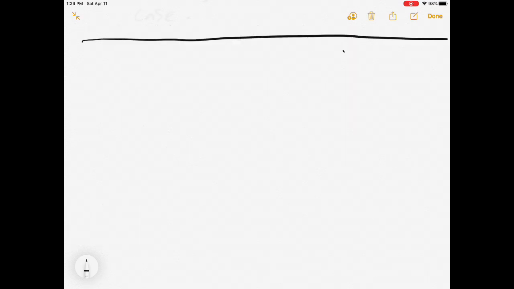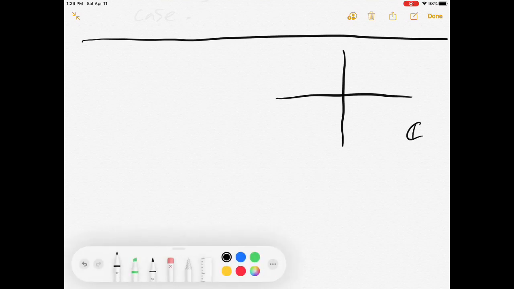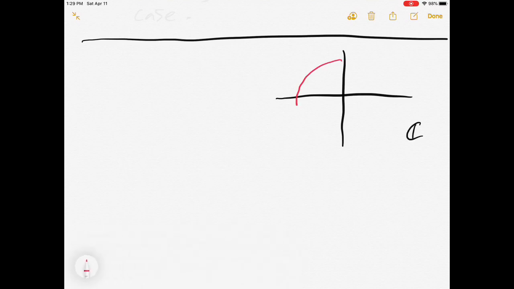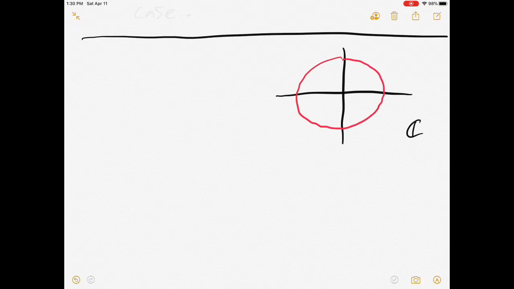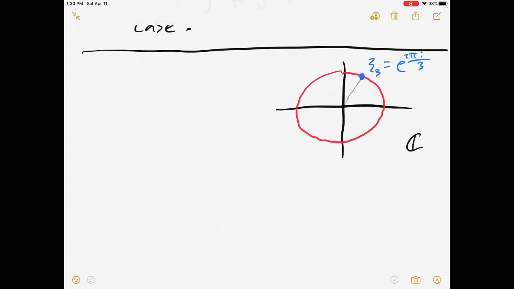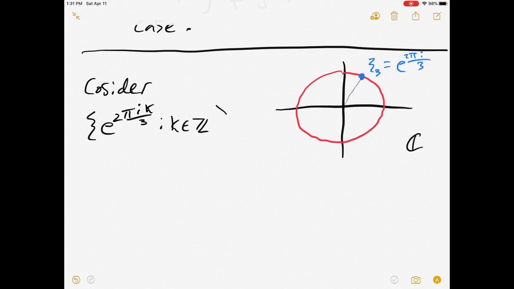For this example, let's look at the complex plane and the unit circle in the complex plane. Consider the point zeta 3, which is equal to e to the 2 pi i over 3. Then consider the set e to the 2 pi i k over 3 for k in the integers.